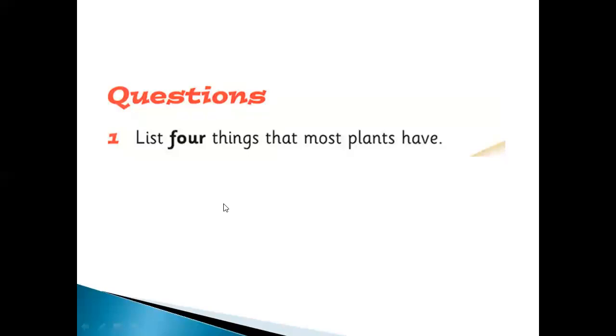So after this, the exercise from your Learner Book, Science, page number 7. Question number 1: list 4 things that most plants have. Which 4 things does every plant have? Number 1: stem, leaves, flower and root.